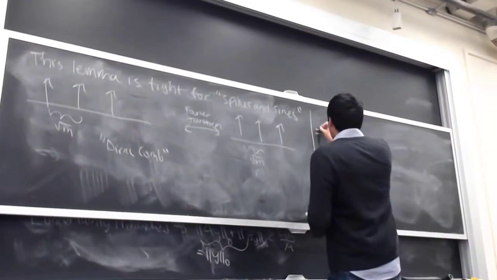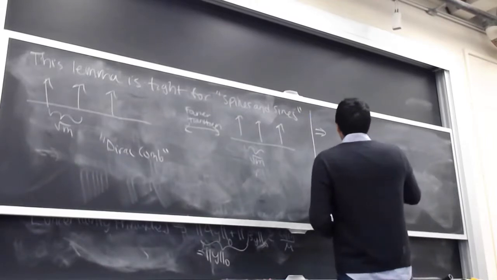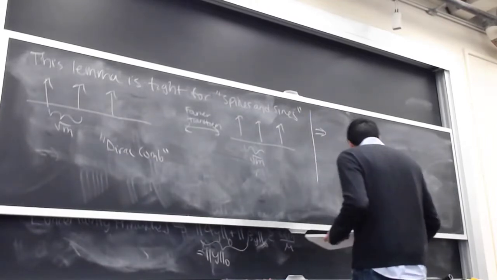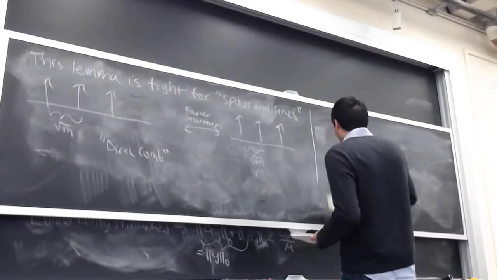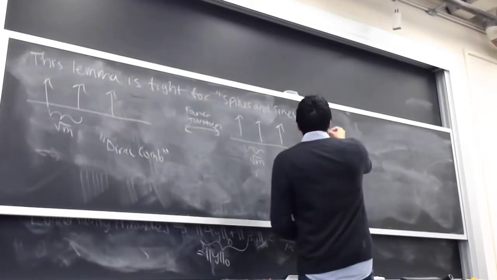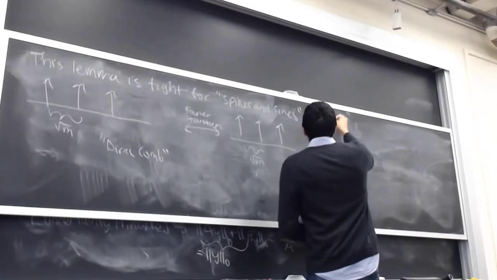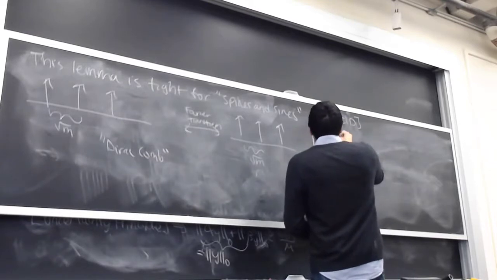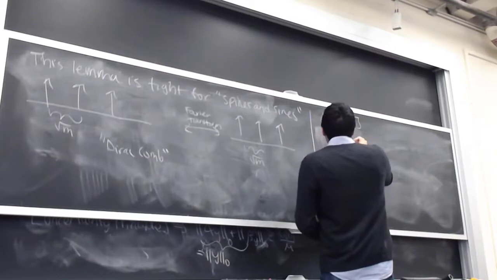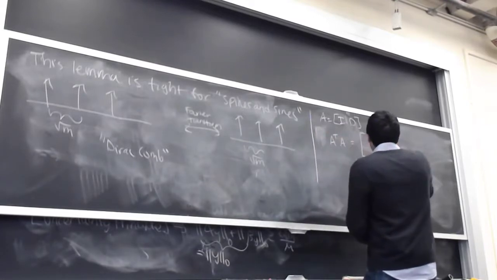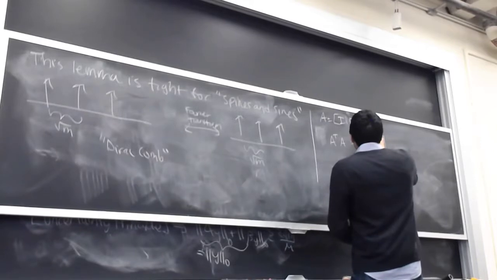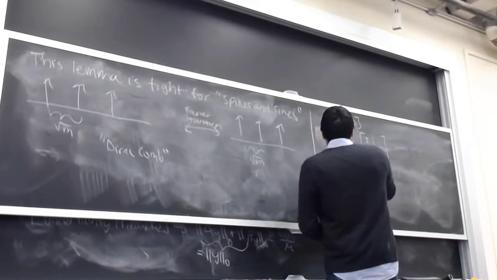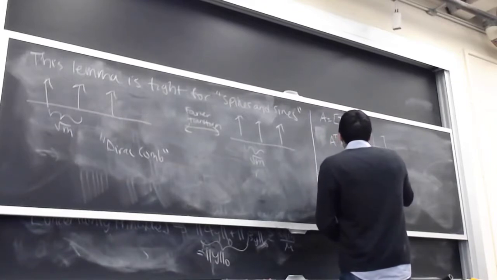So what I claim that this implies. Let's first back up a second and think about applying Gershgorin's theorem here. When we take A, which is the spikes and signs dictionary, and then take A transpose times A, what we end up getting is exactly this matrix with an identity along the diagonal, and the entries here have absolute value at most 1/√n.